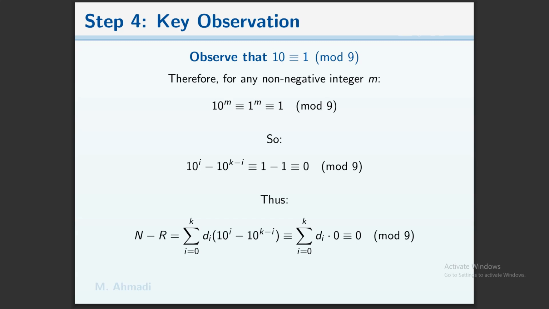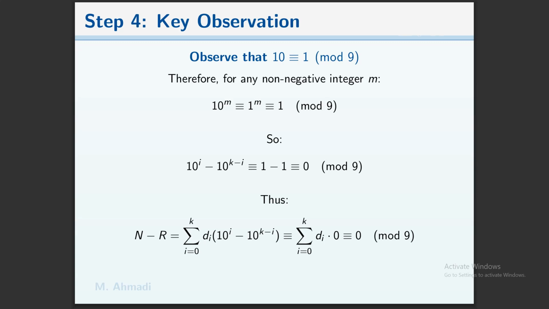The key observation: we know that 10 is congruent to 1 modulo 9. Therefore, for any non-negative integer m, 10 to the m is congruent to 1 to the m, which is congruent to 1 modulo 9. So 10 to the i minus 10 to the k minus i is congruent to 1 minus 1, which is congruent to 0 modulo 9.